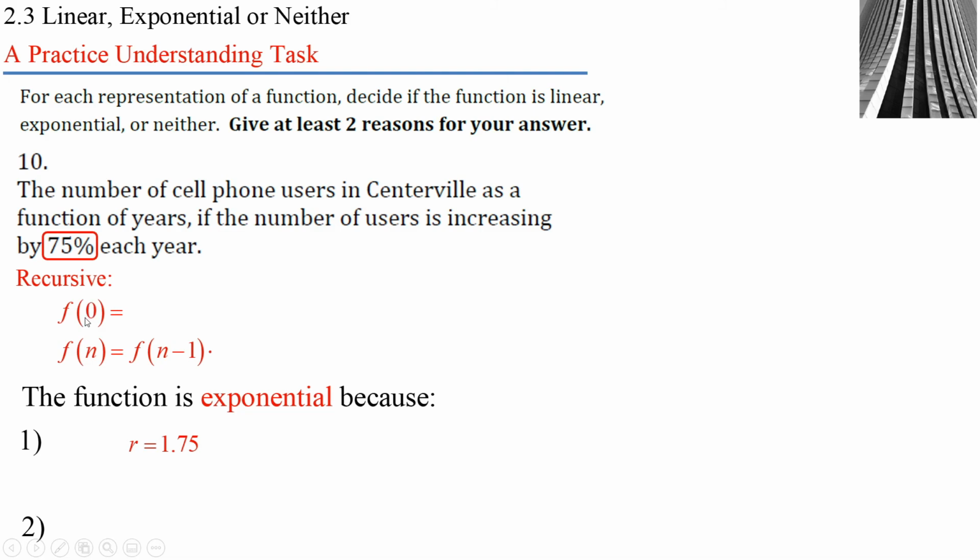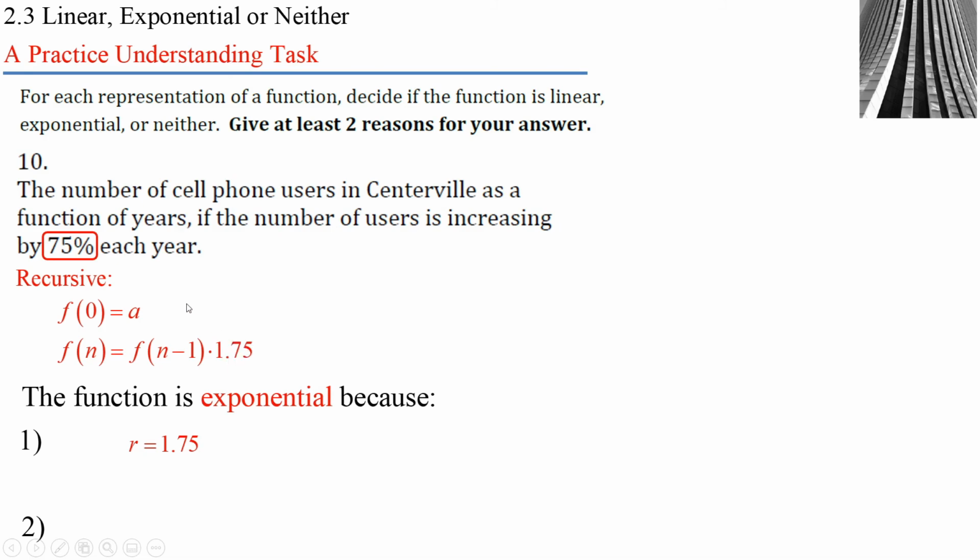And I do not know the number of cell phone users in Centerville in year 0, so I'm just going to say that f of 0 equals some number a, whatever that may have been. And then my recursion equation would be f of n equals f of n minus 1 times, because I have a common ratio, and what are we multiplying by every time?